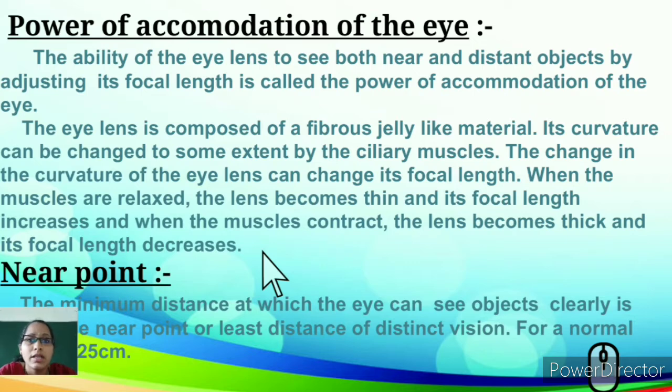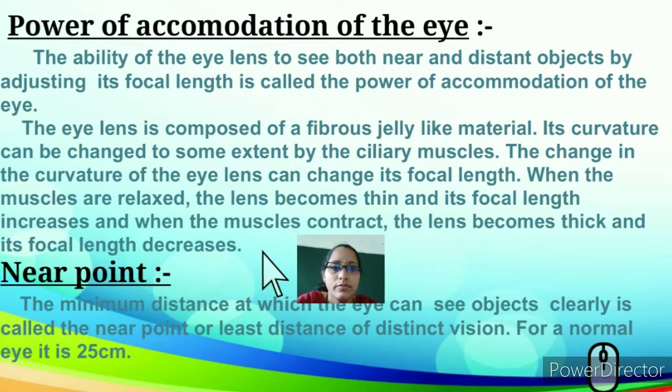So let's understand the power of accommodation of the eye. What is the power of accommodation? It is the ability of your eye lens to see near and distant objects, because it needs to adjust the focal length of the eye lens, as we have an artificial lens when we have glasses on.